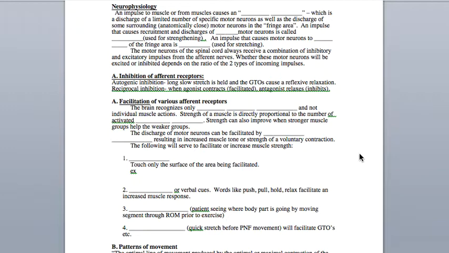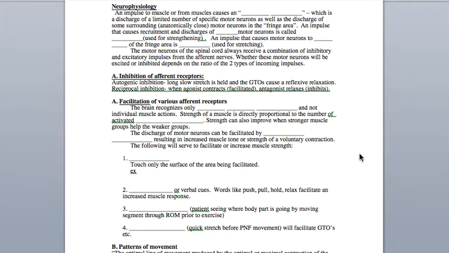So strength of a muscle is directly proportional to the number of activated motor units. So motor unit, remember, is the muscle and the nerve system that attaches to the muscle. Strength can also be improved when stronger muscle groups help the weaker groups. So that's why we like this overflow or fringe area concept that we talked about earlier.